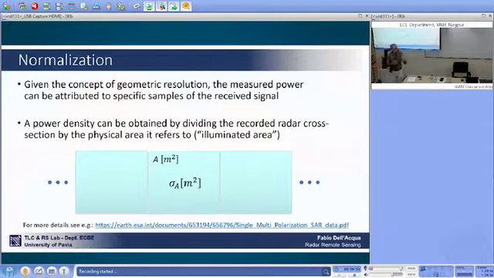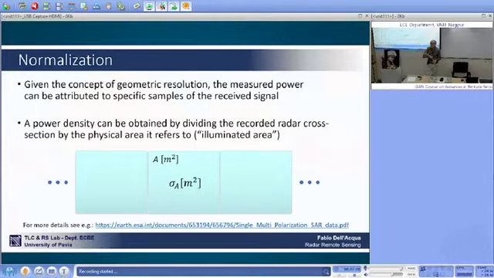So when it moved to Earth observation, the concept had to be redesigned to adapt it to a surface. So they came up with this concept of density of radar cross-section, taking the response of the hypothetical object and distributing it over a surface.